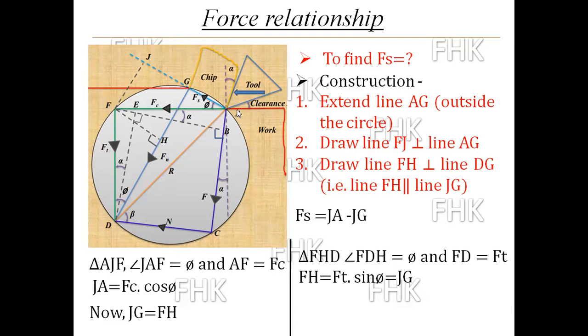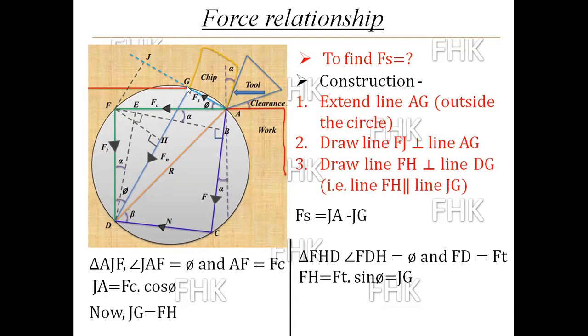These two lines GA and AF make angle phi, so a line perpendicular to these two lines will again make angle phi. FC is perpendicular to FT, and GA is perpendicular to GD. From your trigonometry knowledge, AGD is 90 degrees. So the line perpendicular to these two lines making angle phi will become angle phi here.